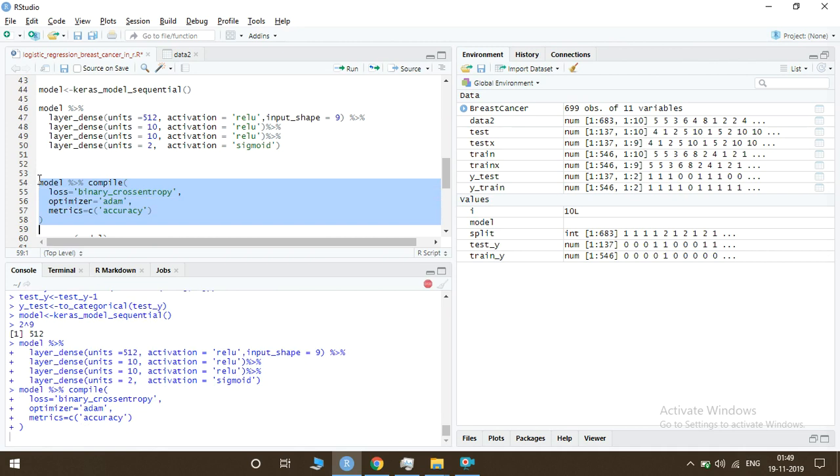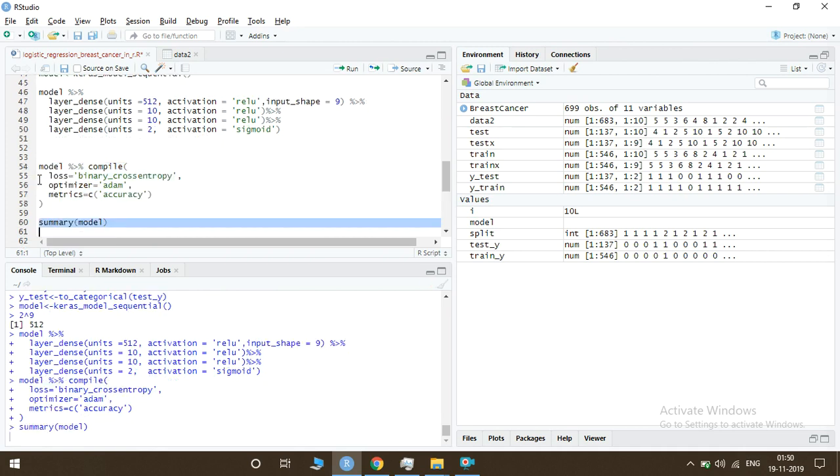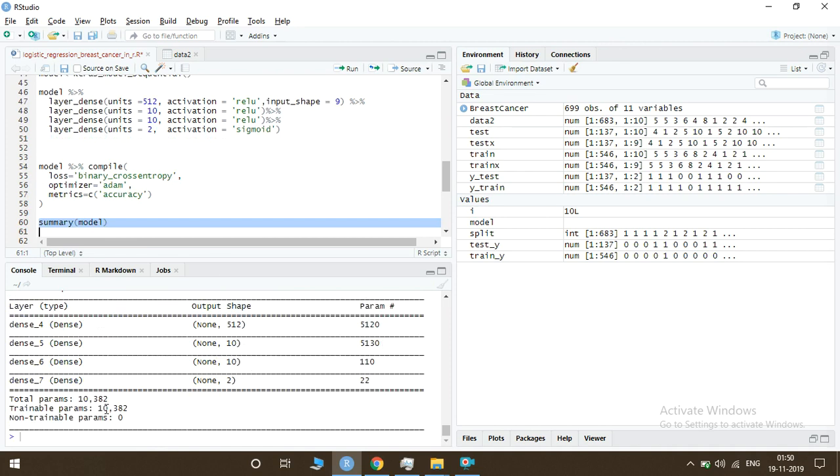So we compile it. Let's see the model summary over here. We have got 10,382 parameters, or you can say the features on which our model would be trained.